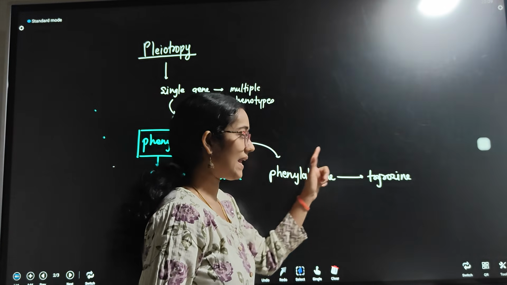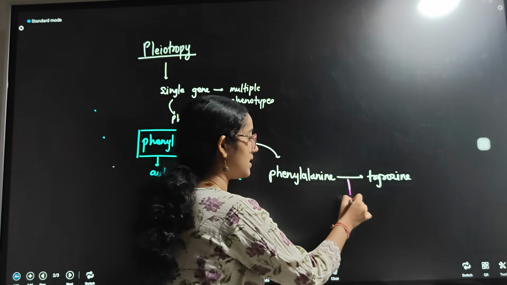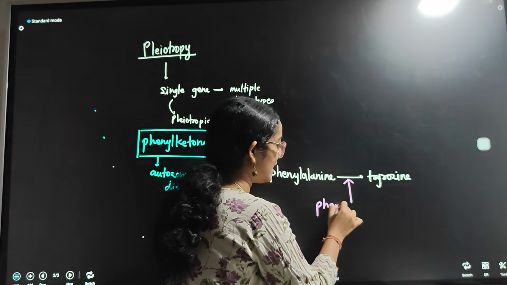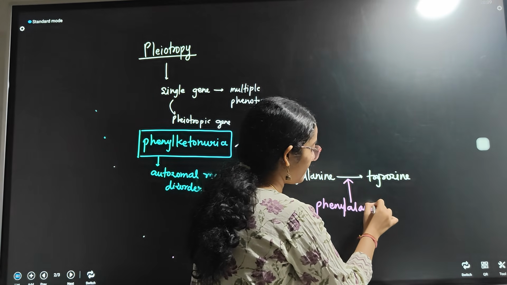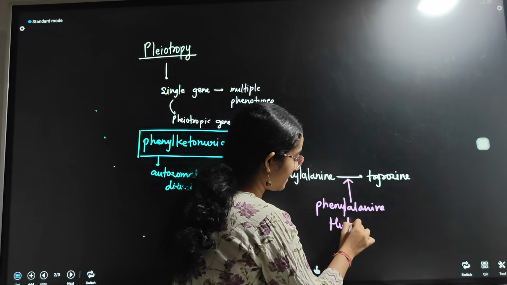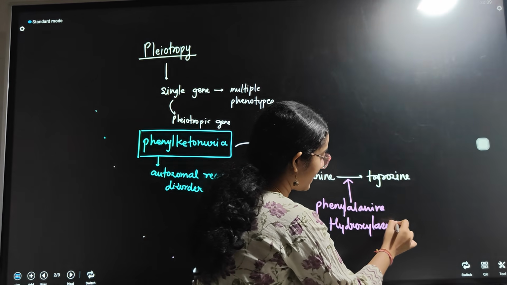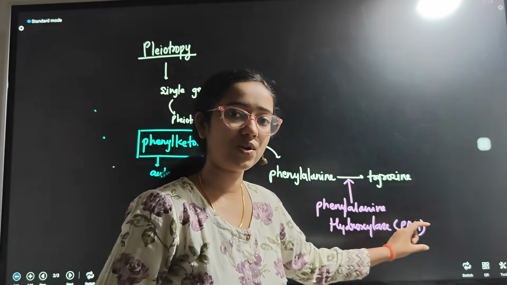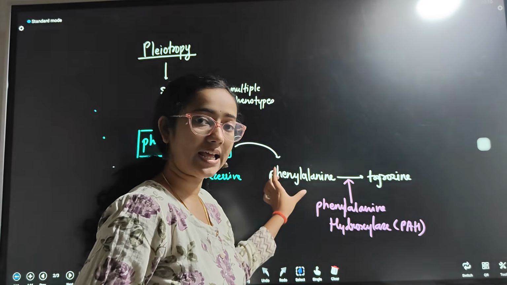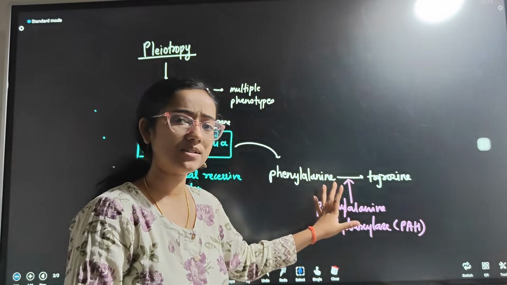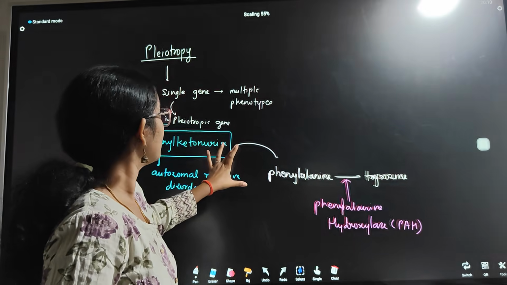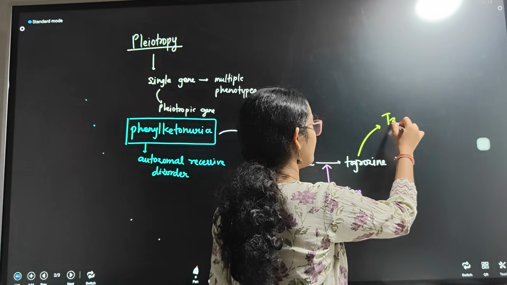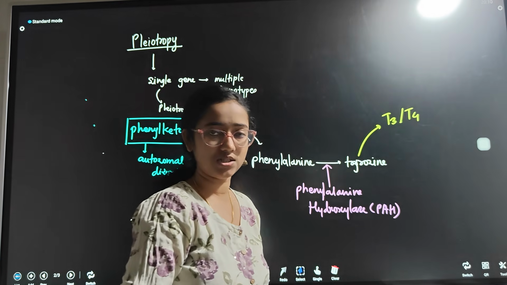So phenylalanine to tyrosine is catalyzed by one enzyme called phenylalanine hydroxylase, which is also called PAH. This is a very crucial step, because tyrosine is further important for the formation of T3 and T4, that is thyroid regulation.